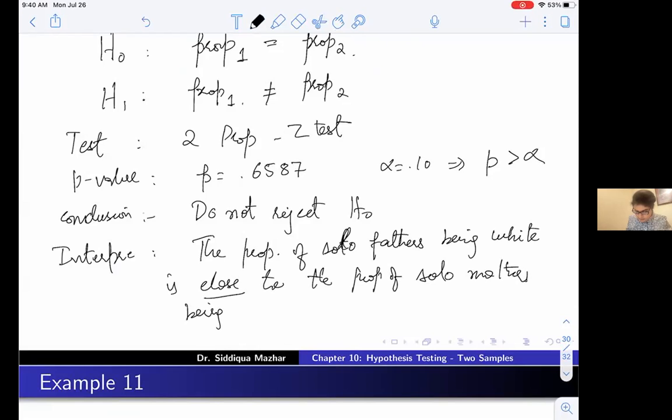So the word close to is important. Being white. That's it.